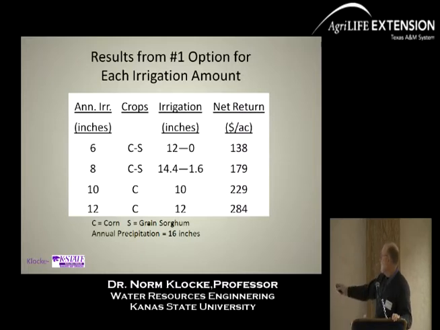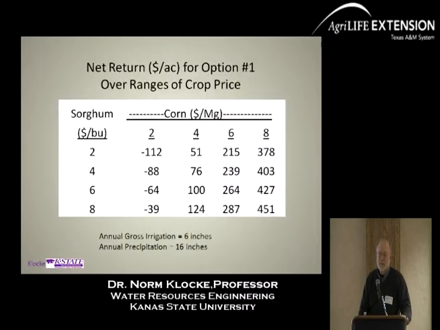And we switch over to continuous corn, no sorghum at the 10-inch level, and getting more net return and up to 12 inches then when you have the 12 inches of irrigation. Very large impact on your net return, your bottom line.